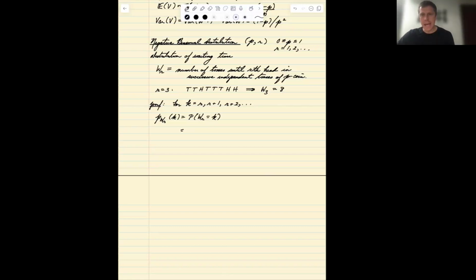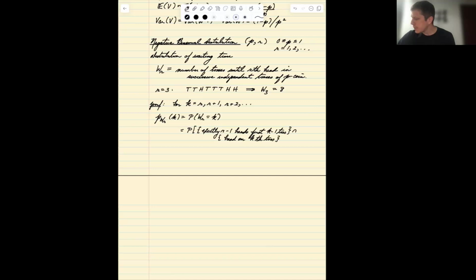What we need is exactly R minus 1 heads in the first K minus 1 tosses, and a head on the kth toss.